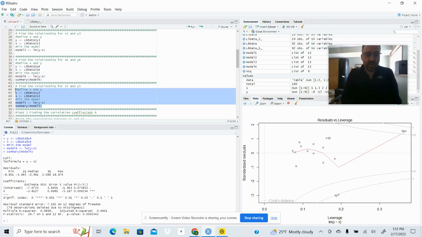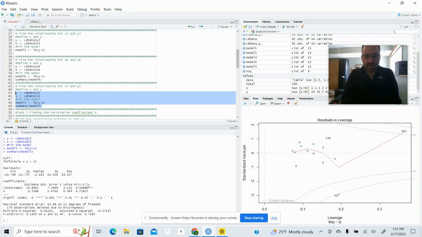And then here, if we did x5 and y5, we have the x-intercept, so y equals, the intercept is 23.69 plus 0.53x. Both are, if you look at the p-values, the intercept is significant, but really you want to look at the value for the x here, and it's not significant at all. So our F statistic is 0.13, and the probability is 0.71.